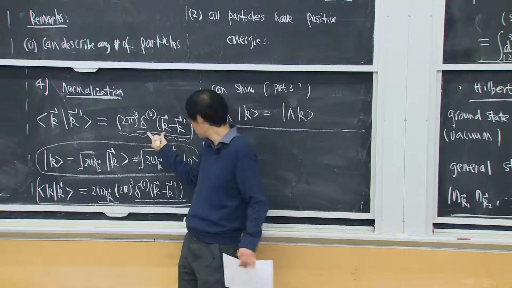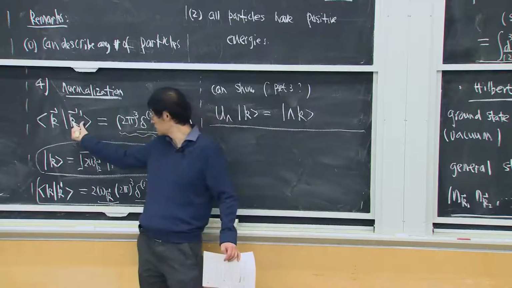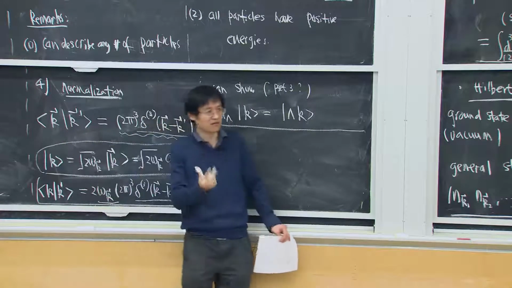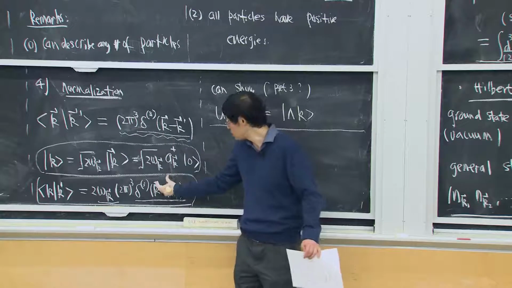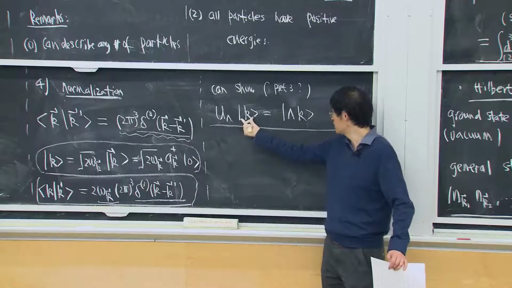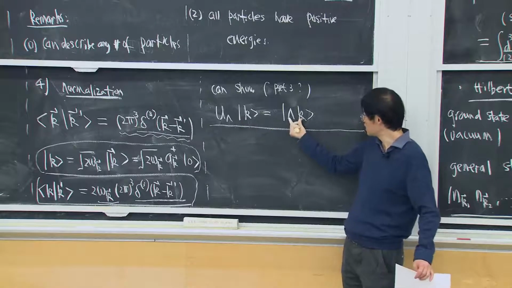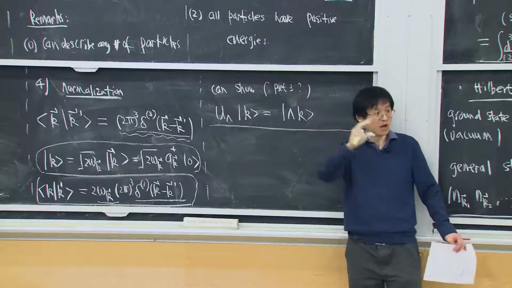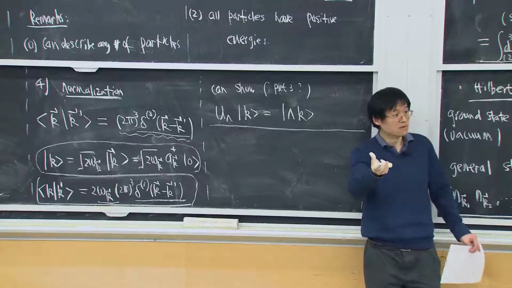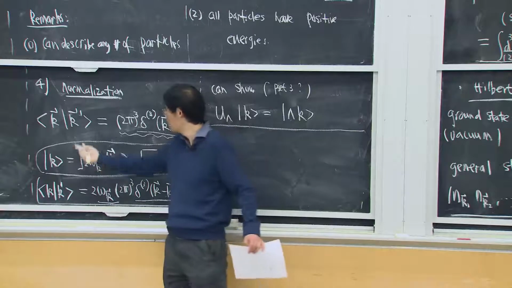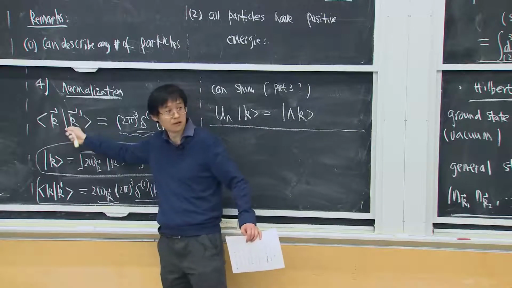That means each of them doesn't transform nicely, and it's just not convenient. This one has the property that when I act with U on it, it directly corresponds to the state with the Lorentz transformed momentum. And then it's very easy. This property does not apply to the other one.